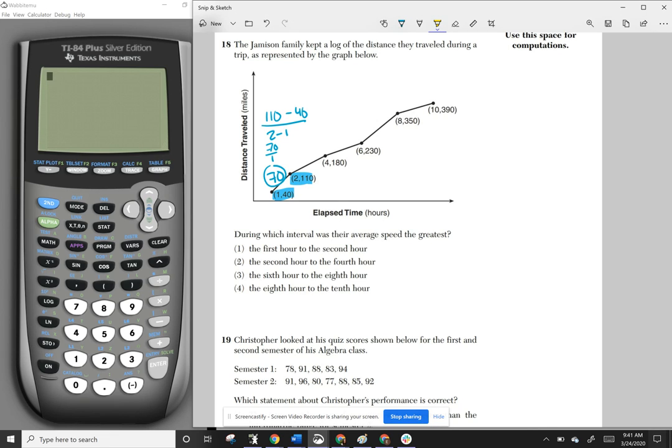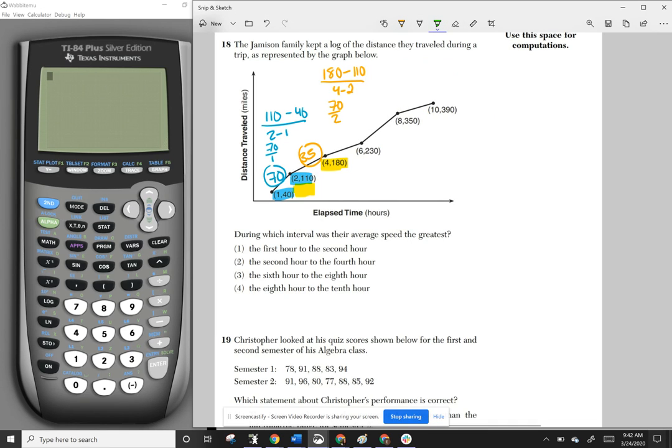Okay, now it wants the second hour to the fourth hour. And we're going to do this again. 180 minus 110 divided by 4 minus 2. In this case, we're going to get 70 divided by 2. We're going to get 35.